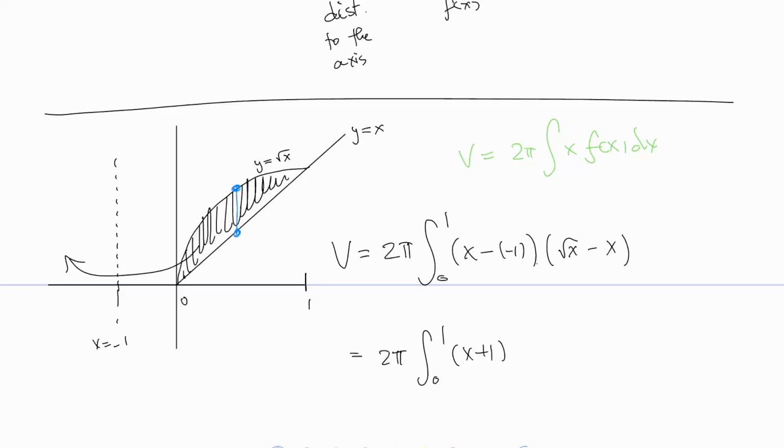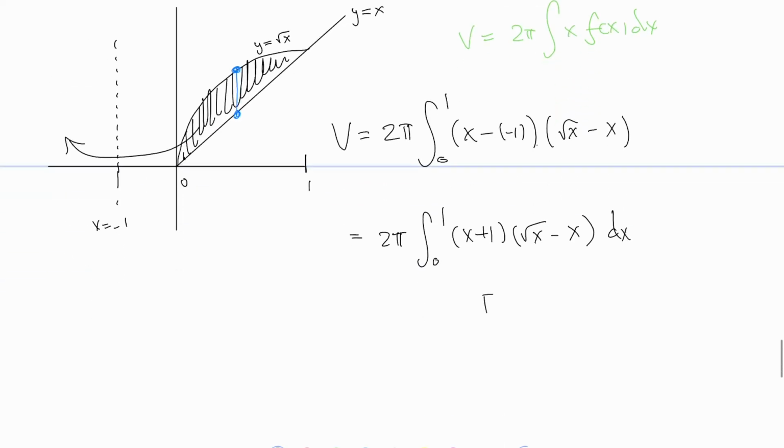I don't think we need to do this integral out, but how would you do this if you had to? It's not so difficult. You do some kind of FOIL here, multiply this all the way out, and then you get, I guess, 4 terms, all powers of x, and then you could do the integrals. FOIL, then integral. No problem. This one is not a very difficult integral.